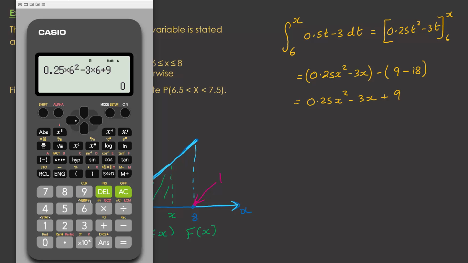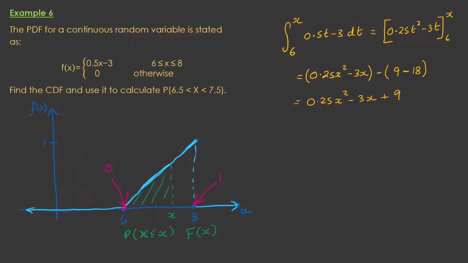And then if we can just go back into that and replace the 6 there with an 8, so there as well, and this should come to 1, and indeed it does. So that does all make sense. I always like to check.